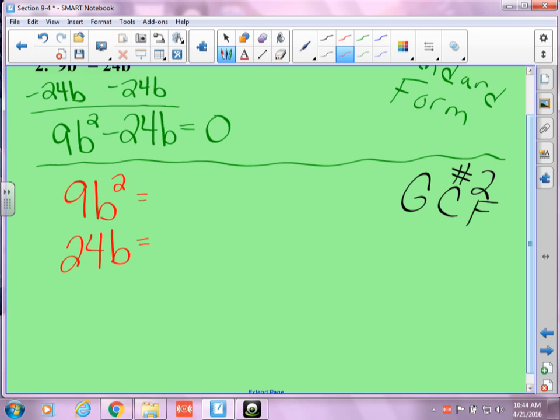No. So I'm going to go 9 and I'm going to break it down into 3 and 3. So 9 is 3 times 3 times b times b. Again, none of this is super hard. It's the process and remembering the process and how you do it.